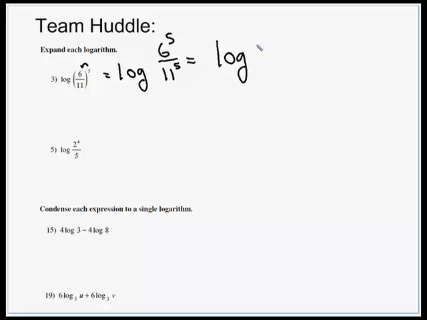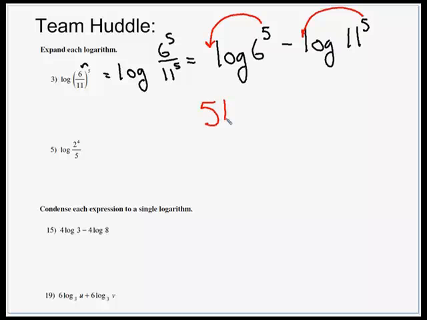The log of the numerator, 6 to the 5th, minus the log of the denominator, 11 to the 5th. And now we could bring these exponents down front. And we'll have 5 times the log of 6 minus 5 times the log of 11.